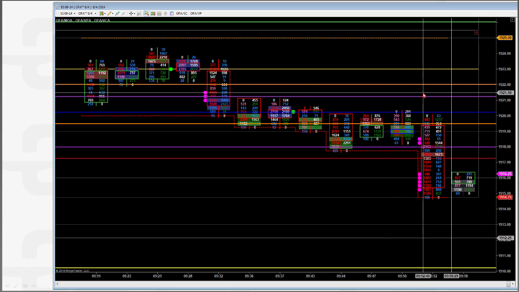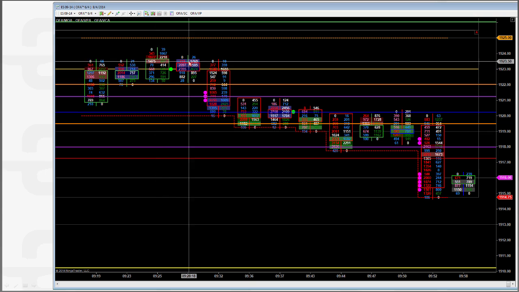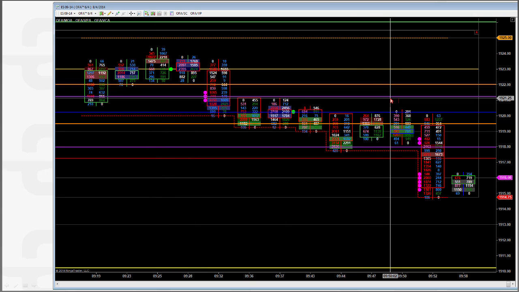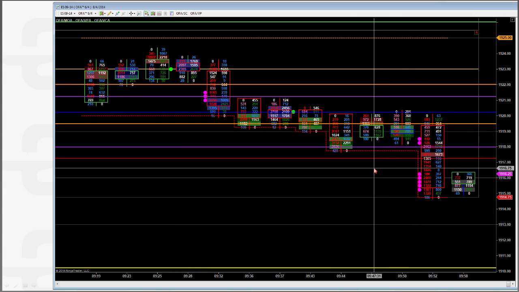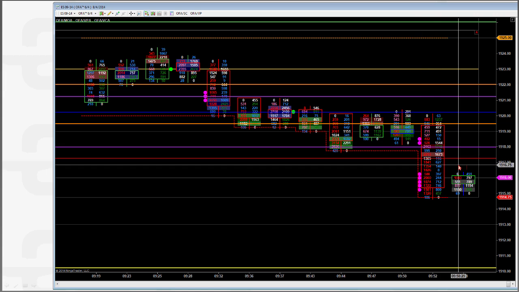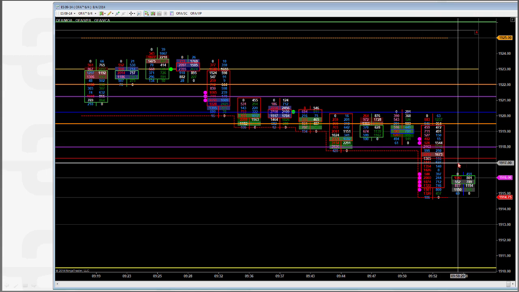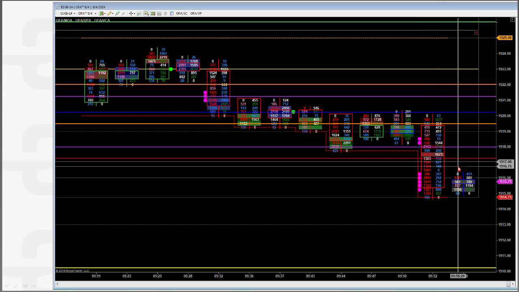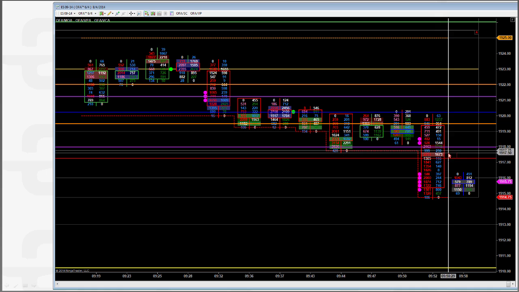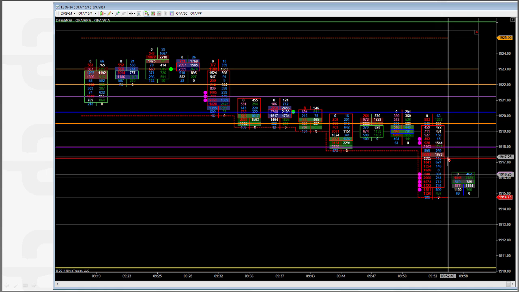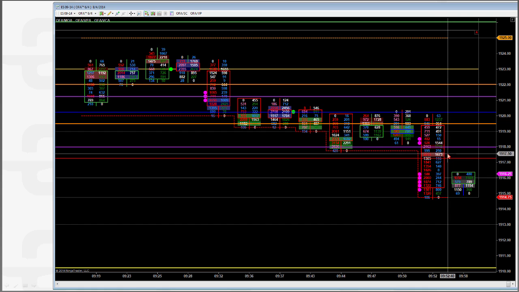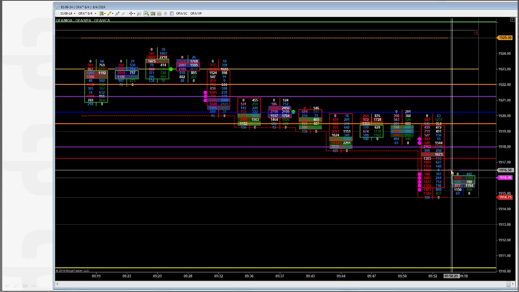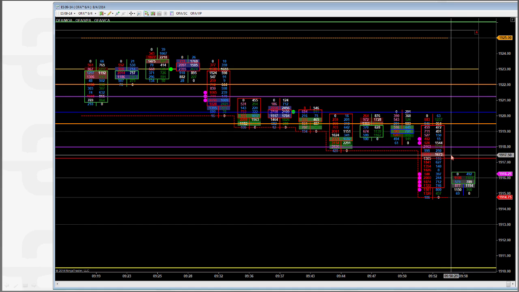So by combining the print and reading the print as a process, this is the other thing I love about the volume profile, it is so visual. Just looking at the structure of the volume profile, all of this activity is what I would call very weak structure in the market.